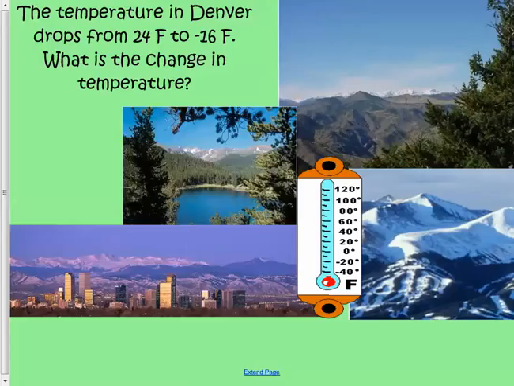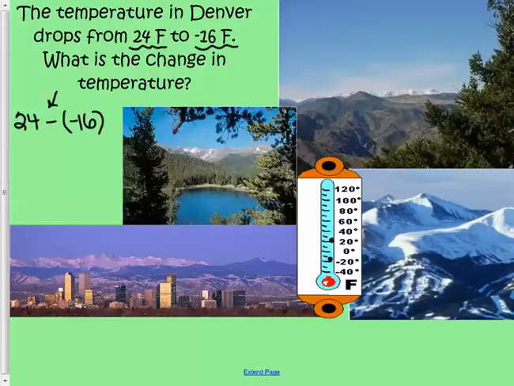Okay, real world application of this. The temperature in Denver drops from 24 degrees Fahrenheit, which would be about here, to -16 degrees Fahrenheit, which would be about here. What is the change in temperature? So we don't want to know 24 minus 16. We want to know 24 minus -16.